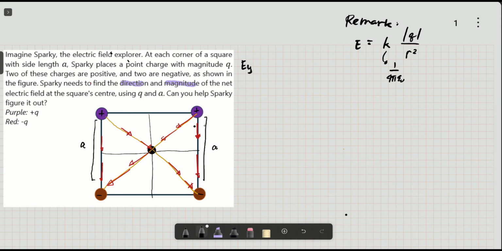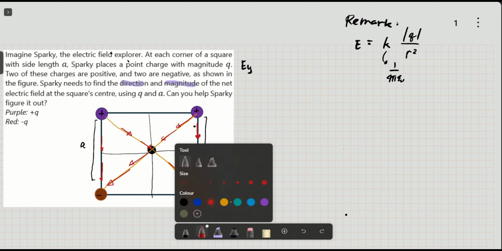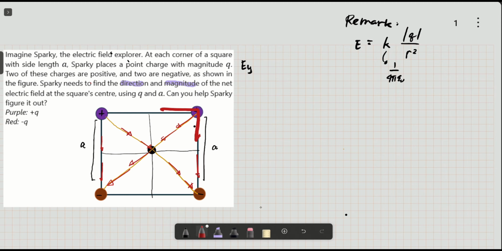So since this is 90 degrees, and this is also 90, then it's safe to assume this one is 45 degrees, and we've got here a right triangle with 45 and 90 degrees.